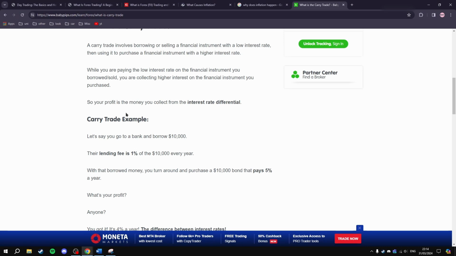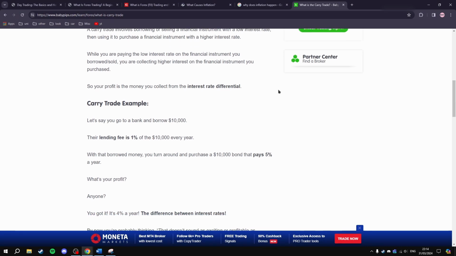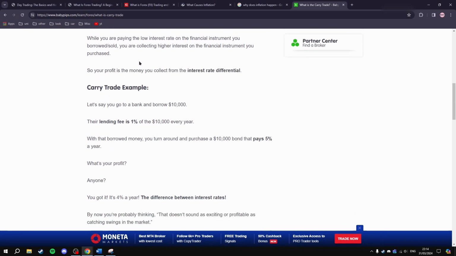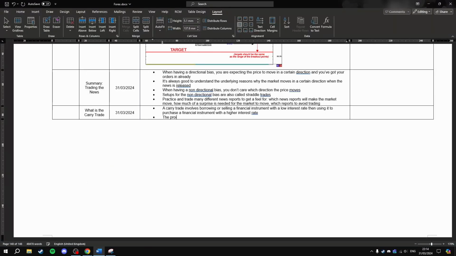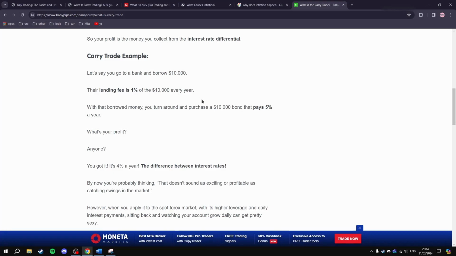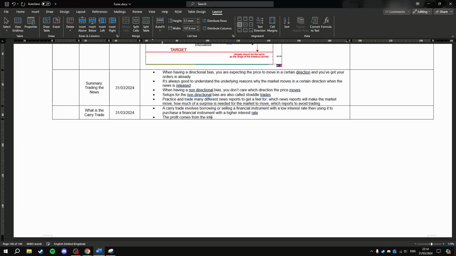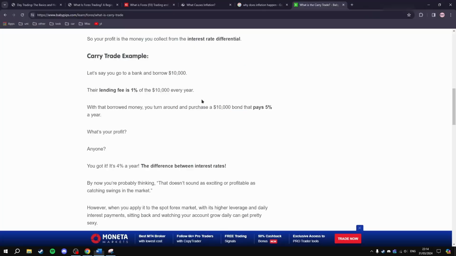While you are paying the low interest rate on the financial instrument you borrowed or sold, you are collecting a high interest rate on the financial instrument you purchased. So your profit is the money you collected from the interest rate differential. The profit comes from the interest rate differential.